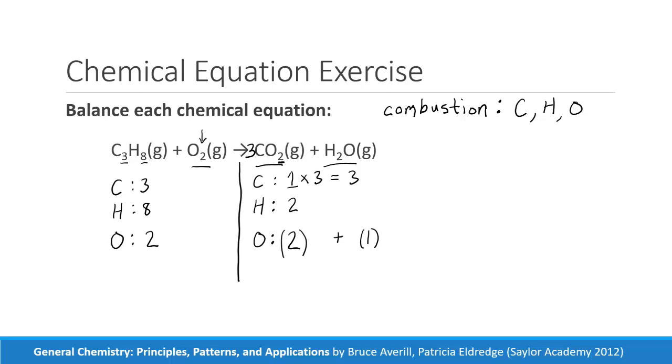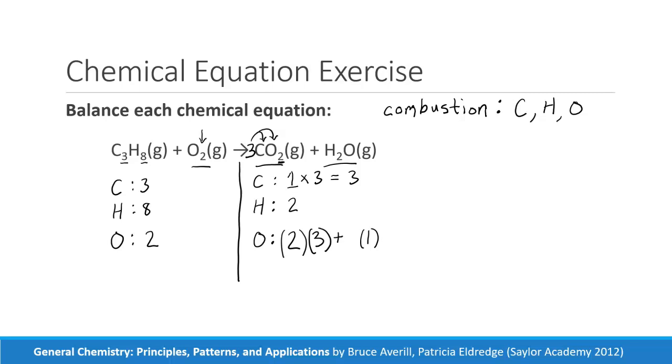And as soon as I put that 3 in front of CO2, it not only affects the carbon, but it also affects that oxygen. And notice how it's only the O2 oxygen. It's not affecting the H2O oxygen at all. So that's why I separated out the 2 and the 1 for oxygen, so that I only multiply that 3 times the 2.